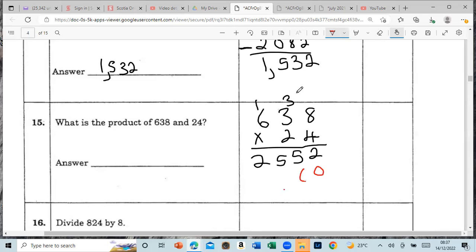So 6, carry the 1. 2 3s are 6 and 1 is 7 and 2 6s are 12. It's kind of color coded for me. Alright, so we add now, and this should give us 2, 5 and 6 is 11, carry 1, 12 plus 1 is 13, 3 carry 1, so that leaves 5. So that's 15,312. That would be our final answer. 15,312.